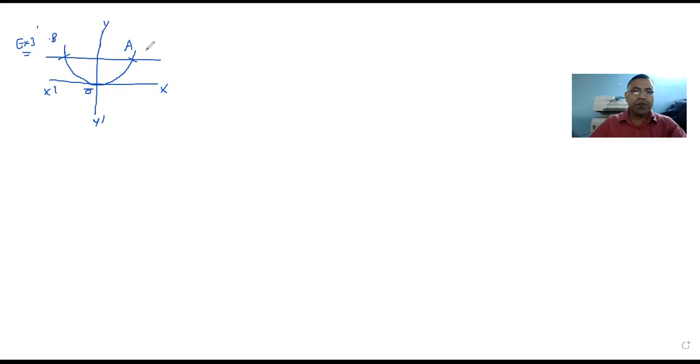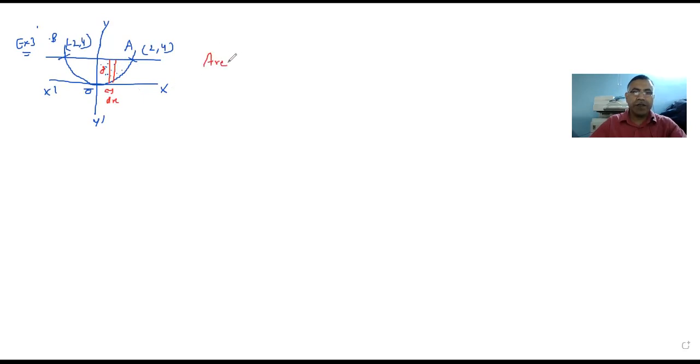So y is equal to 4. So this point was 2, 4, and this point was minus 2, 4. And I want to find out the area of this. So first I will find out the area of the dotted portion. To find out the area of the dotted portion quickly, मैंने ये कर्व ले लिया. So this is y and this is dx.